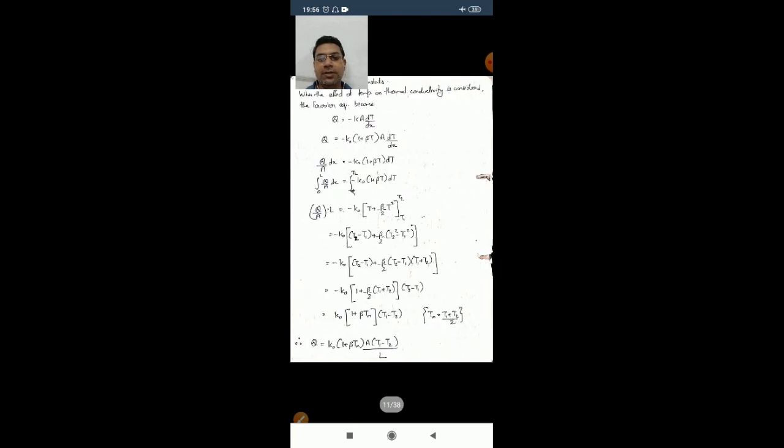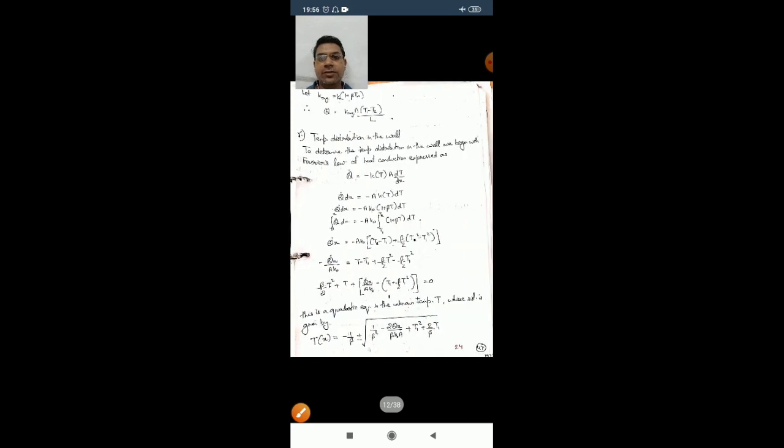Let us assume that K average, instead of K naught (1 plus beta Tm), that means this equation, I am writing as Km, sorry, as K average. So the equation reduces to K average A (T1 minus T2) over L. Now you can see that the equation reduces to the same form, and K is replaced by K average.